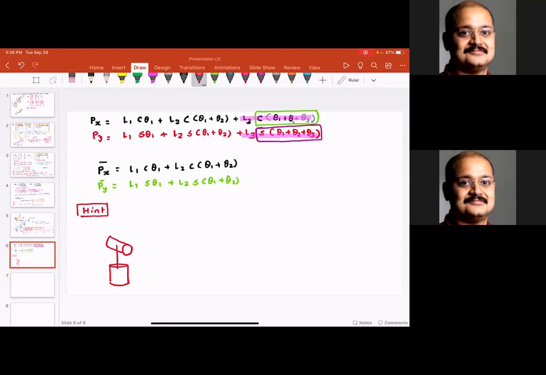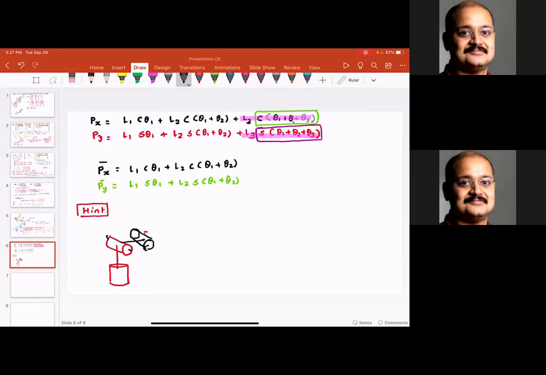You have one more revolute joint. We can draw it like this.